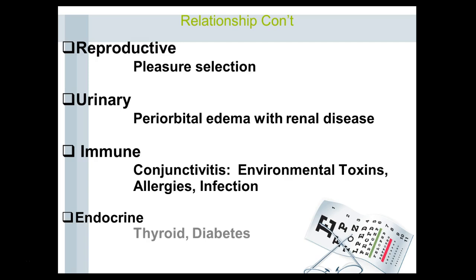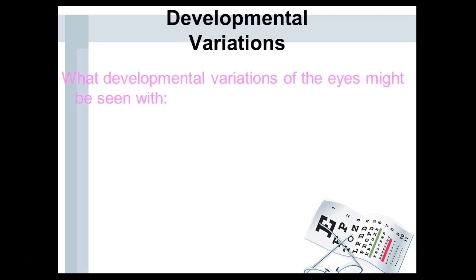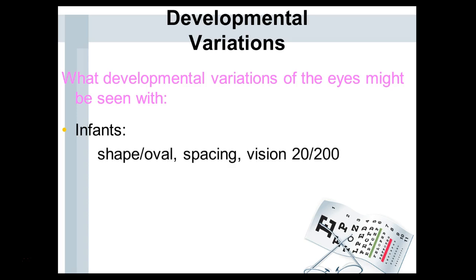The endocrine system. Thyroid disease can cause changes in the eyes, and diabetes can have a lot of changes which also can lead to blindness. There are some developmental variations for the eyes. Infants: their shape, their spacing, and their vision. They are typically born with 20/200 vision.